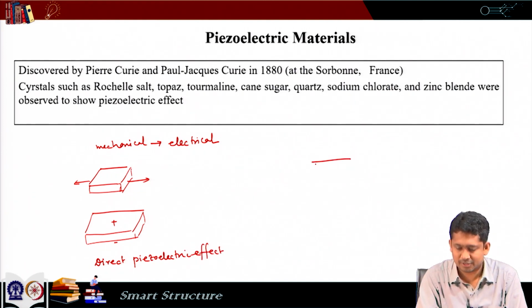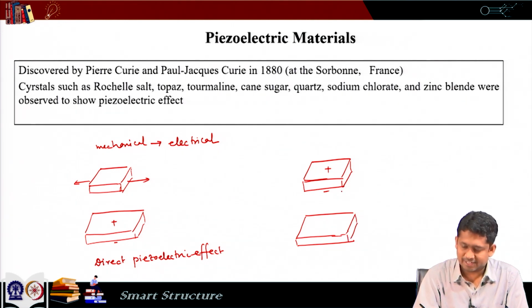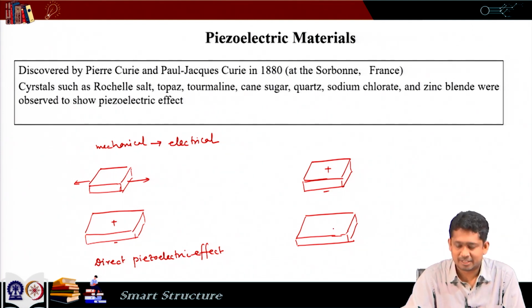Similarly, we can do something opposite also. If we have a piezoelectric material and we give voltage to it, then it can have a mechanical response in terms of expansion or contraction. Now, whether it expands or contracts depends on how the material is polarized, the direction of the voltage, the property of the material, and so on. We will discuss it when we talk about piezoelectric materials.